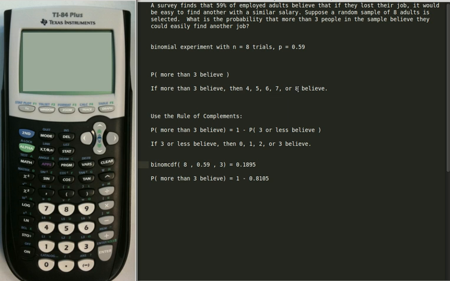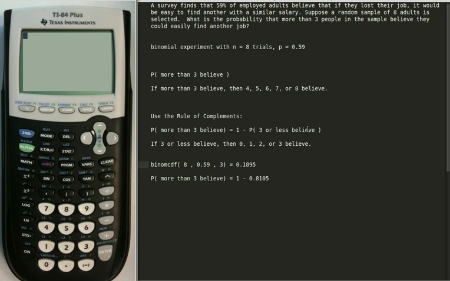So we're going to use the rule of complements to rephrase the probability we're looking for in terms of something else. The rule of complements says the probability that more than 3 believe would be 1 minus the probability of the complement of this event. If it's not true that more than 3 believe, it would mean that 3 or less of the people surveyed believe.